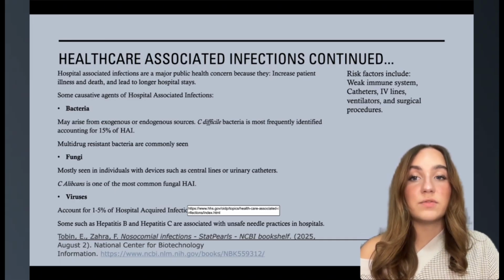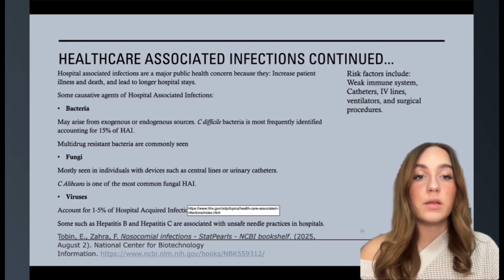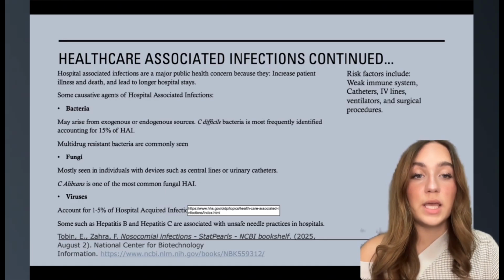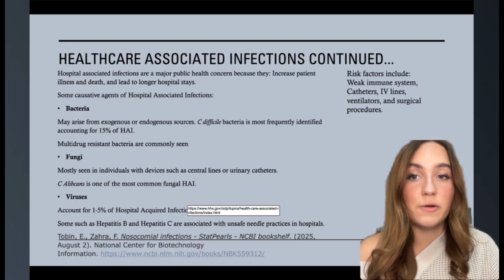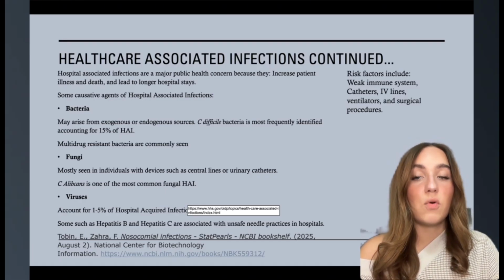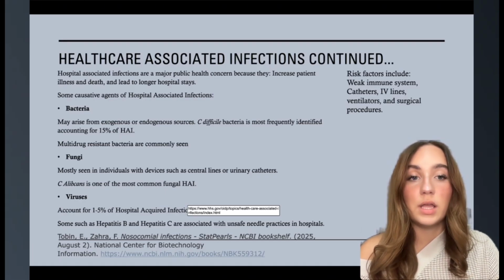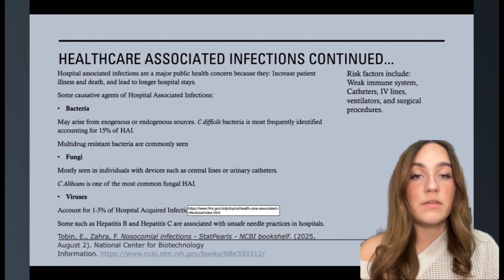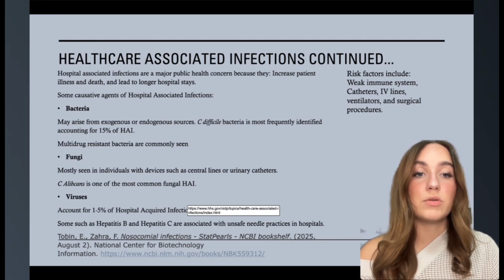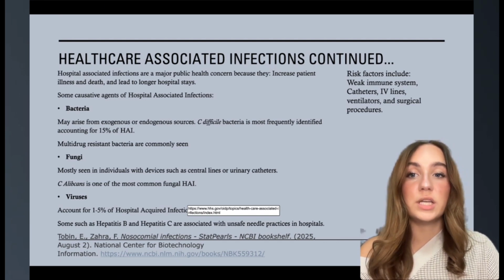Bacteria can arise from exogenous or endogenous sources, which means from inside the patient's body or from external things in the environment. An example of a bacteria that might be acquired in the hospital would be C. difficile, which accounts for 15% of all healthcare associated infections, meaning that this is the most common bacterial infection.